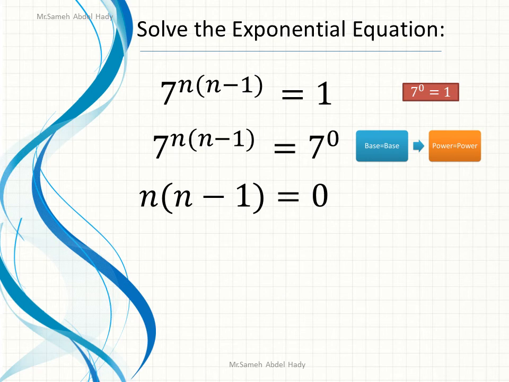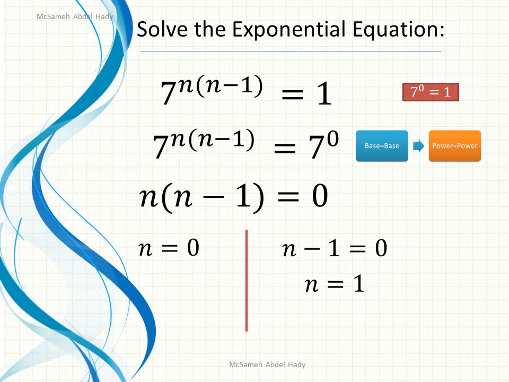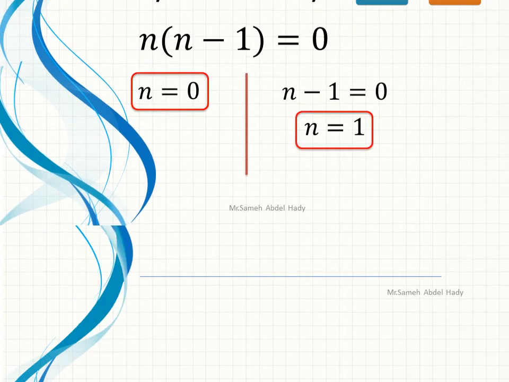I write power equals 0, n times n minus 1 equals 0. So I will have n equals 0 or n minus 1 equals 0, and n equals 1. Then the solution set is 0, 1.